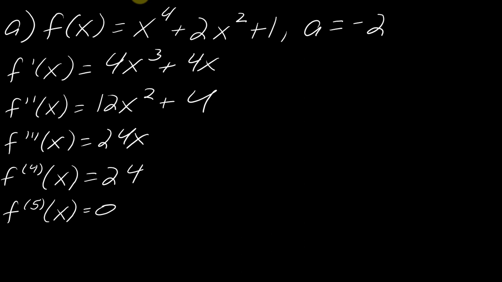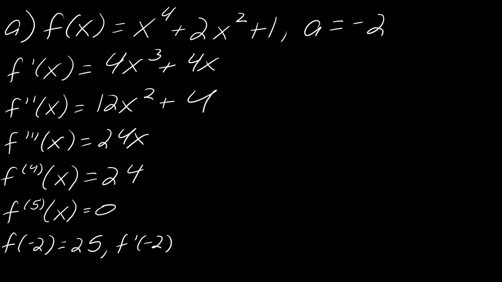Okay, so now I need to evaluate all of these at a. So I'll go ahead and do that. f of negative 2 is 25.